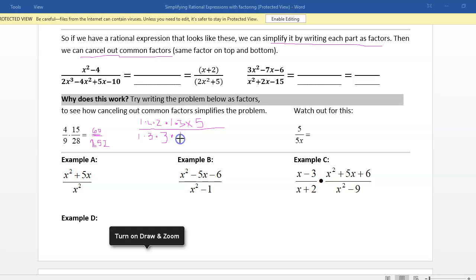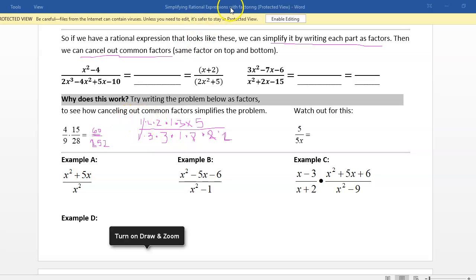That is 1 times 7 times 2 times 2. All right, so there are my factors, and I cancel common factors from top to bottom.